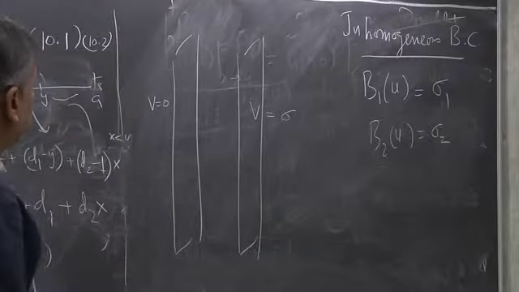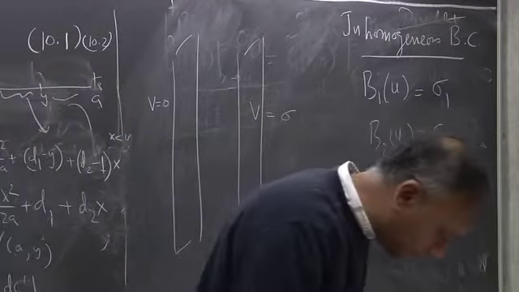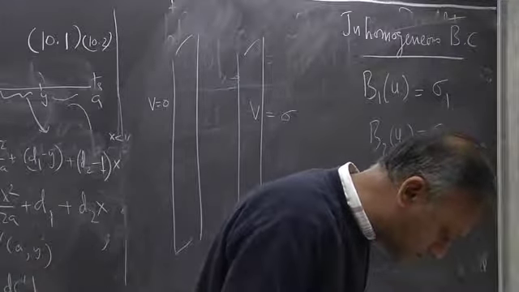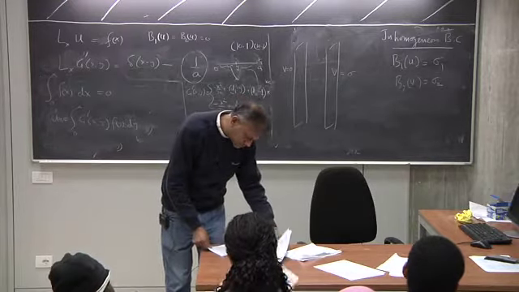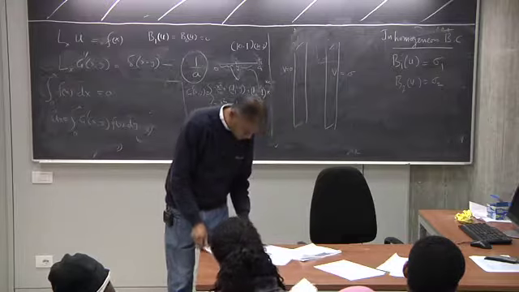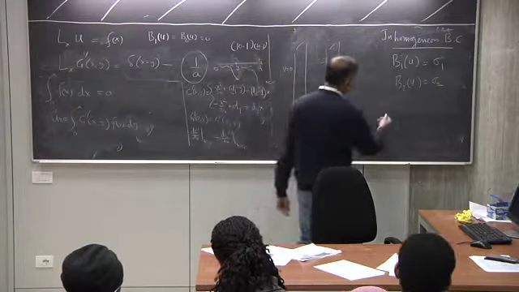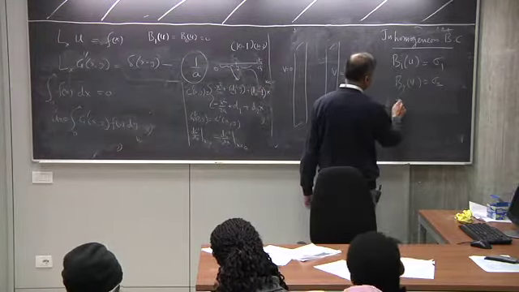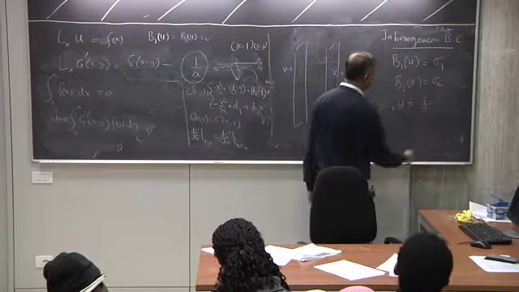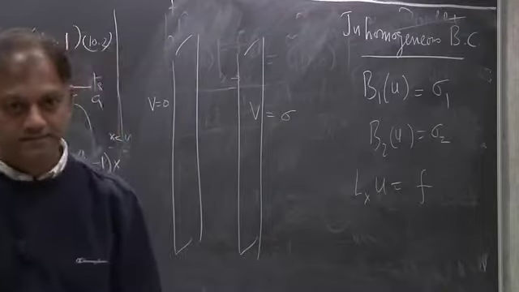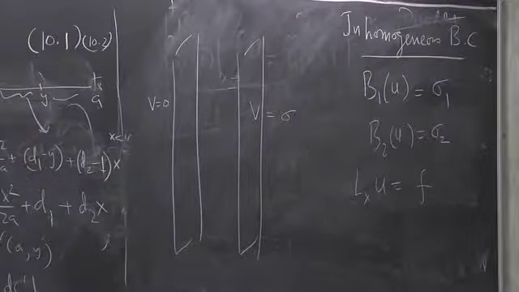Let's see. So we want to now again solve, in general, the equation will also be inhomogeneous. So we want to solve L_x u equal to f. Say this is the equation we're looking for.